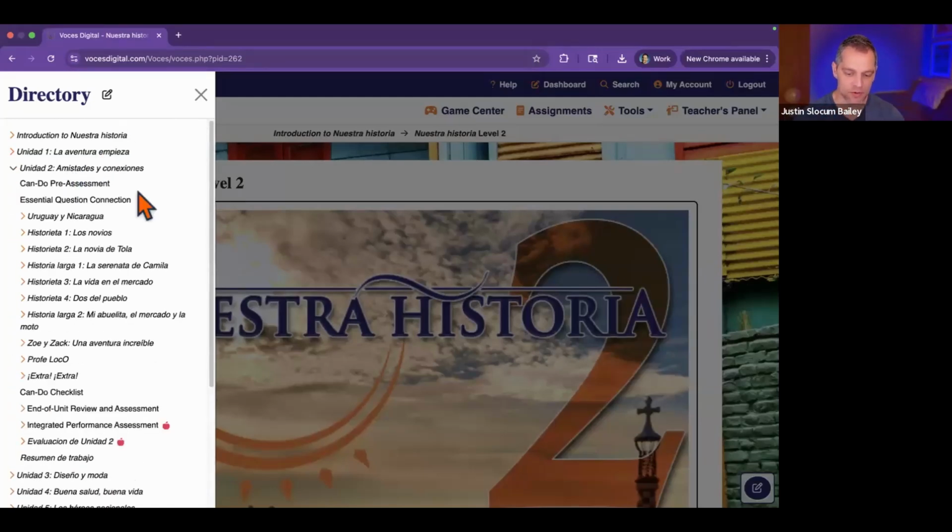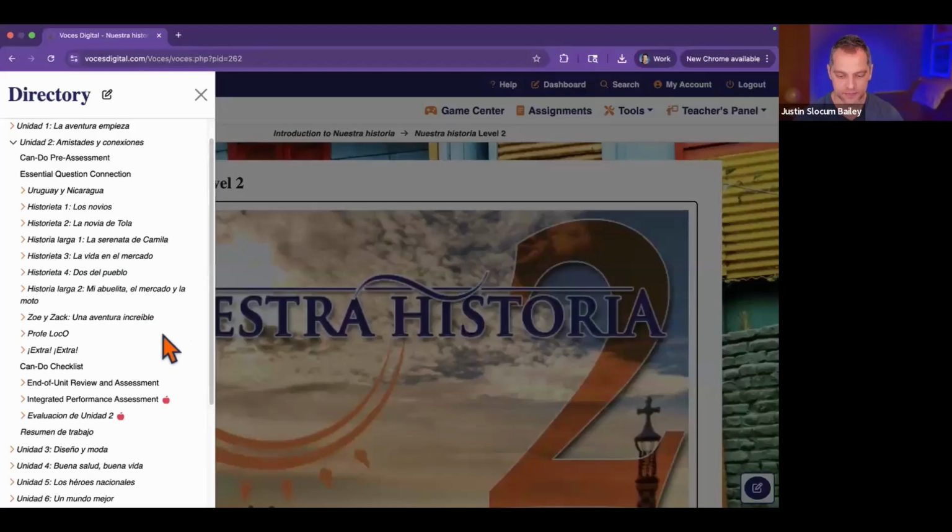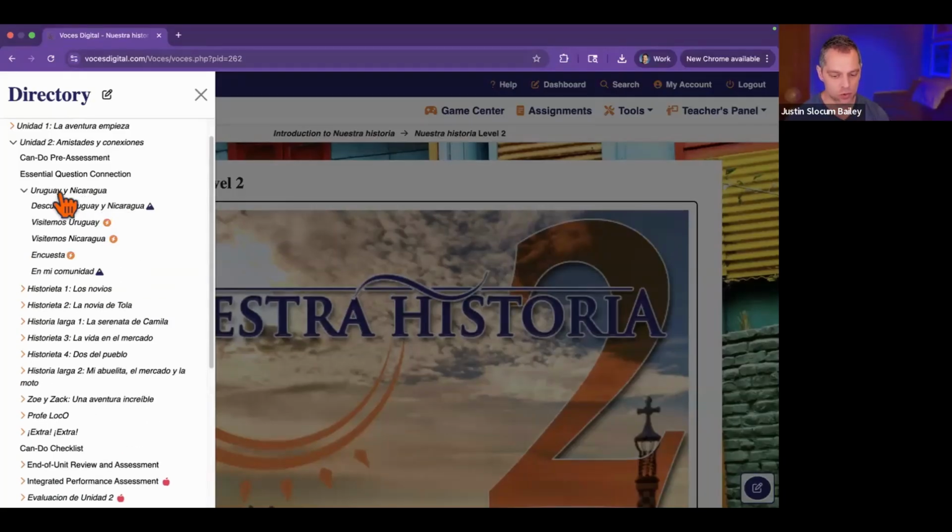If I open that, remember, we know that we're going to see a bunch of historietas and historias largas that constitute that core central content. Before those, we have a can-do pre-assessment, we have essential questions, we have information about Uruguay and Nicaragua. These are all kind of that first down arrow that gets people into the mode and establishes some common information before going to the stories.